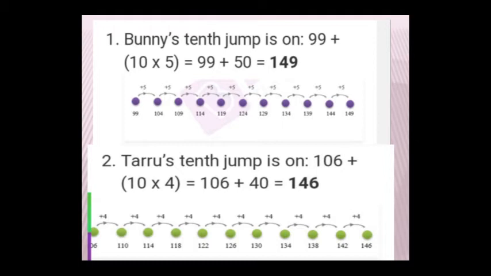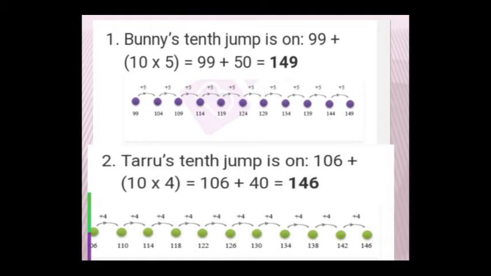Or you can do it like this also. 99 plus 5, you get 104. 104 plus 5, you get 109. Like that, if you add 5 ten times, the number obtained is 149. So Bunny's 10th jump is 149.